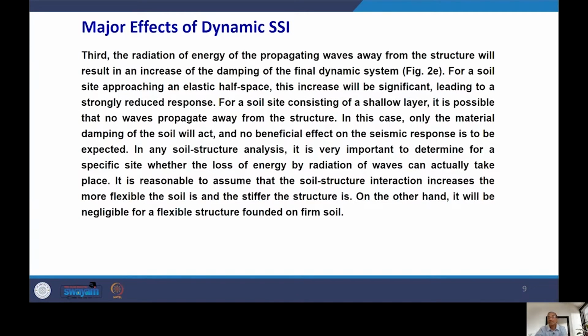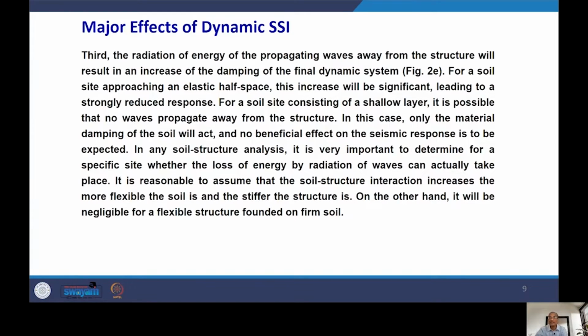But right now, when the radiation of energy takes place due to propagating waves, there will be an increase in the damping of the dynamic system. And for a soil site which is approaching an elastic half space, this increase will be significant, leading to a strongly reduced response. So when there is an increase in damping, response gets reduced.